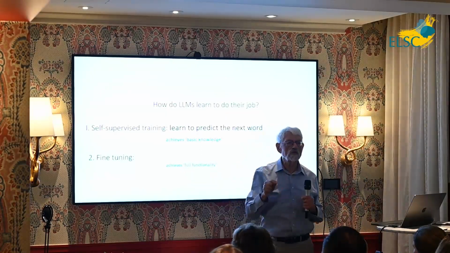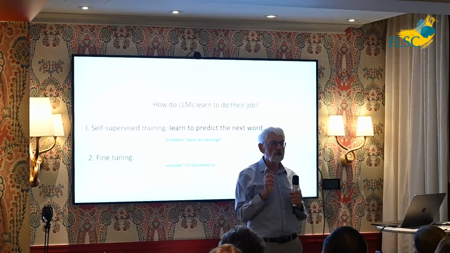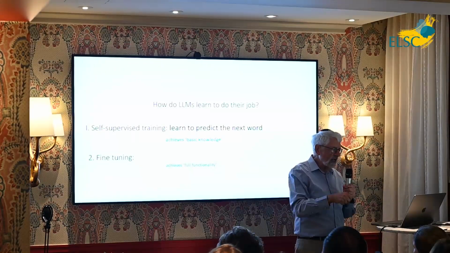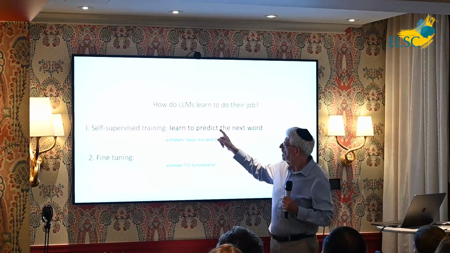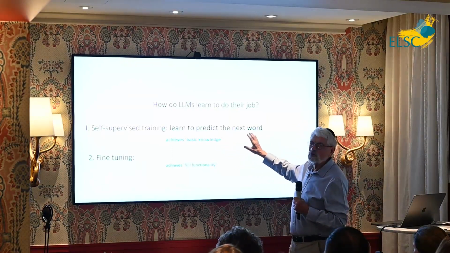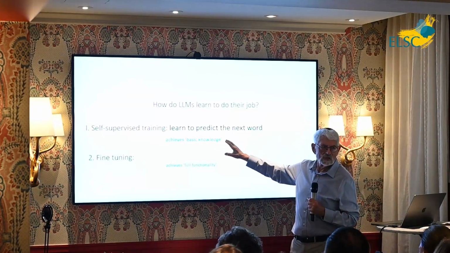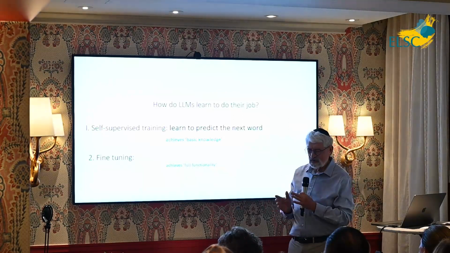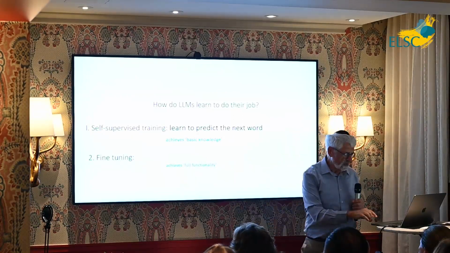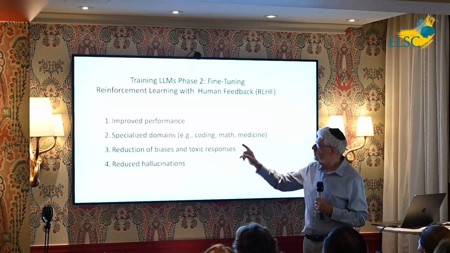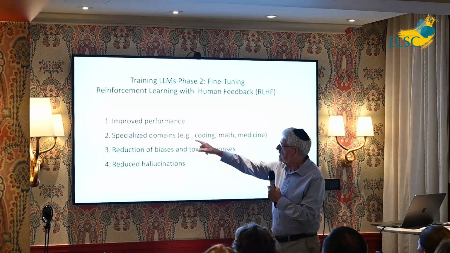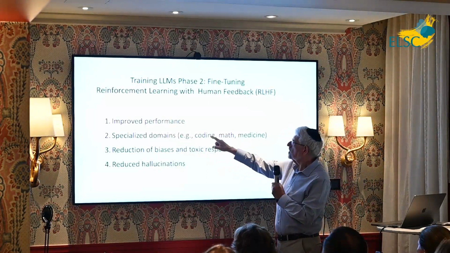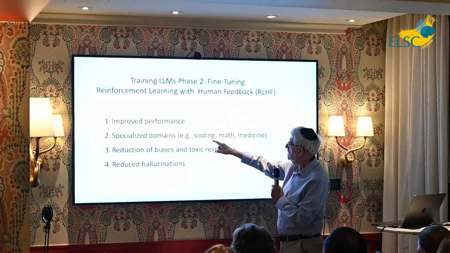The products that you see and use are fine-tuned. They start with predicting the next word, but this is not good enough. You cannot make money out of this because it is toxic and so on. So what is fine-tuning? First of all, improve performance, especially in coding. You want to do better coding than what you achieve in the first stage.